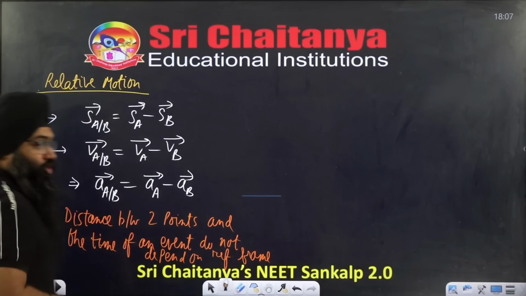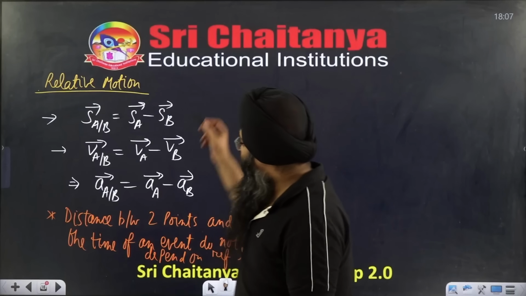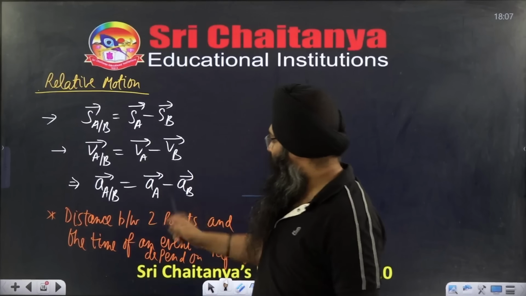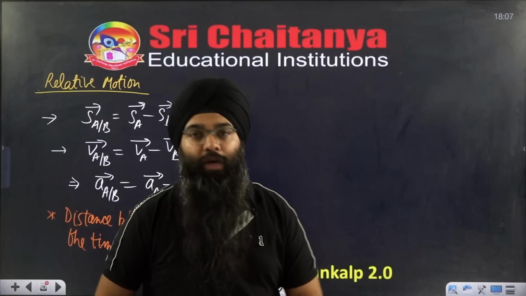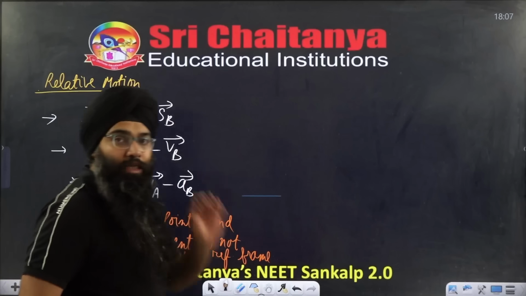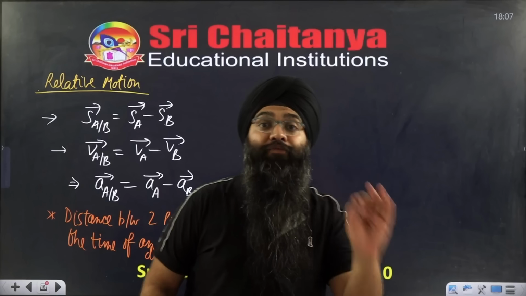Achha, one more point which you have to remember. Whenever you will apply this particular formula, displacement of A minus displacement of B, acceleration, velocity, always remember that these accelerations and velocities should be in the same frame of reference.